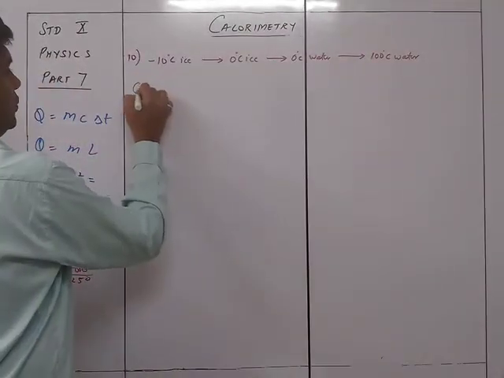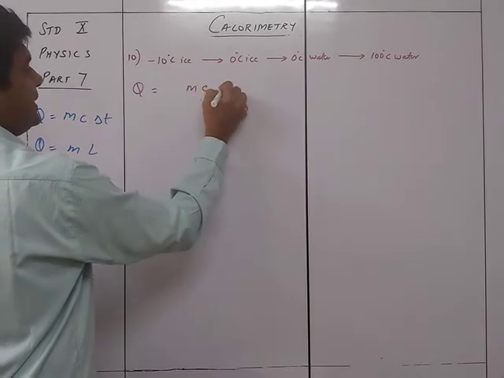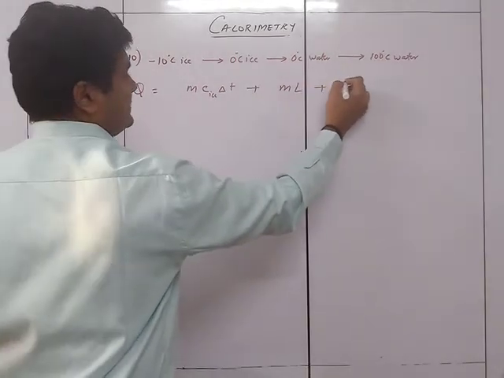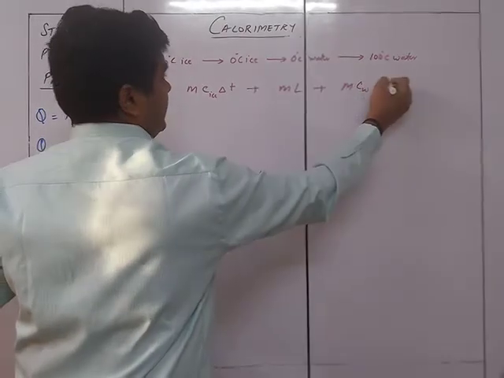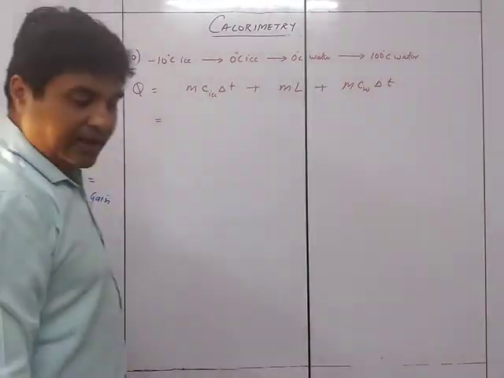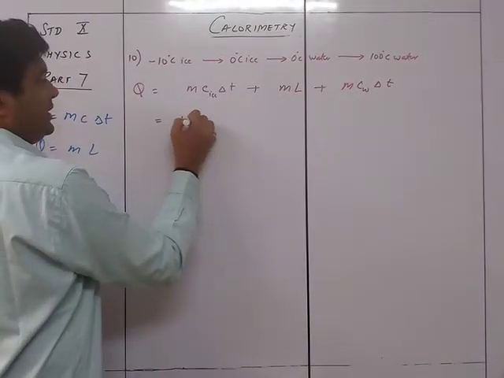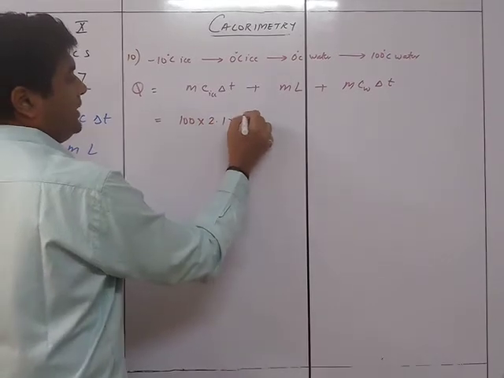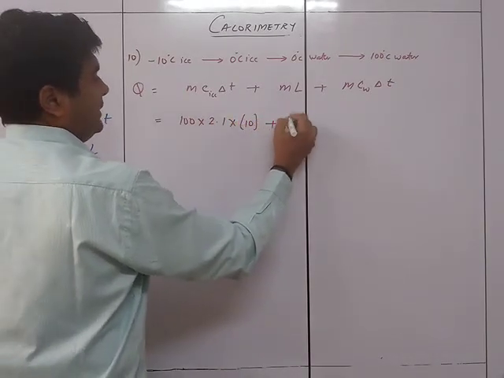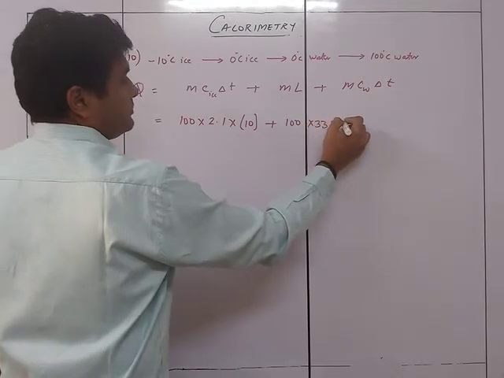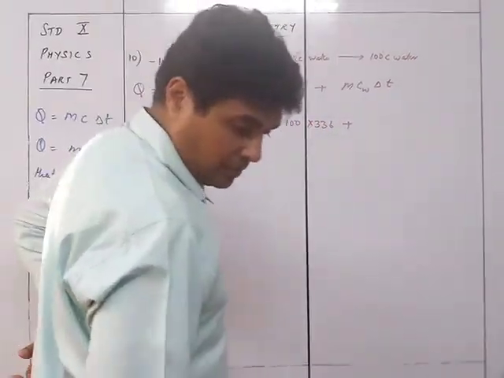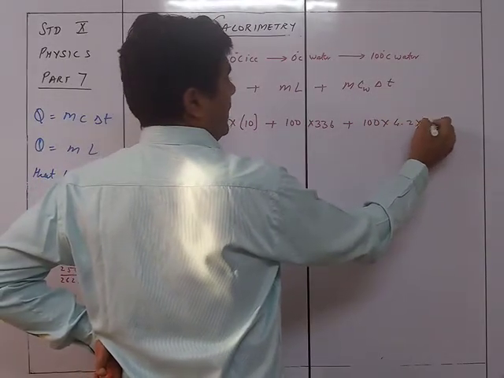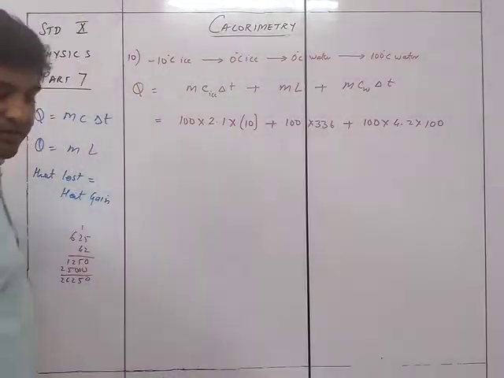So Q will be equal to mc delta T of ice, plus mL, plus mc of water delta T. The mass is 100 grams, so it is 100 into 2.1 into 10 degrees, plus 100 into 336, plus 100 into 4.2 into 100, because the temperature difference is 100 degrees Celsius.